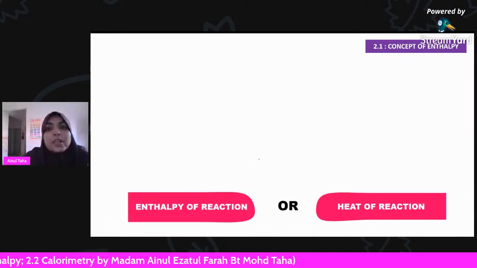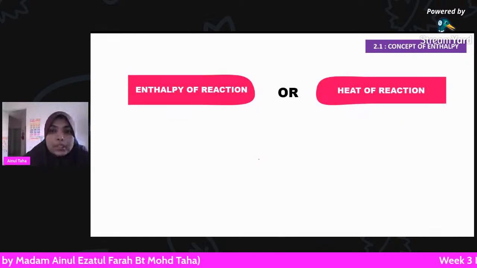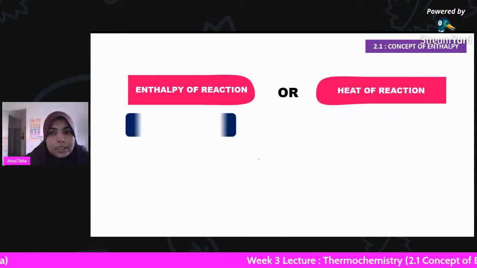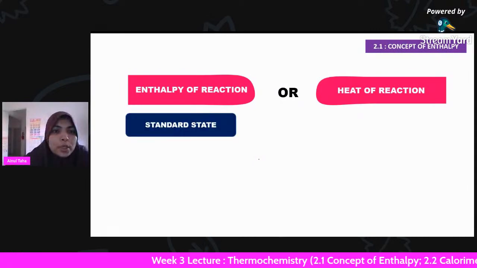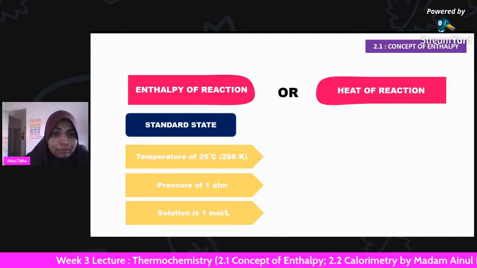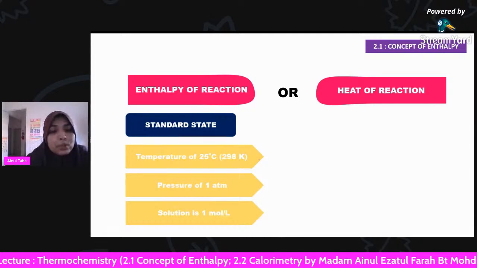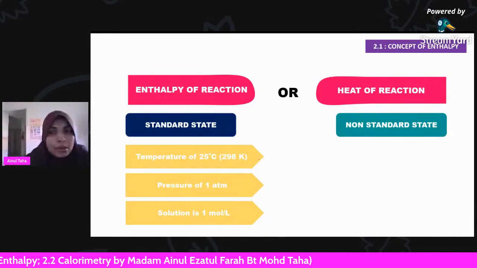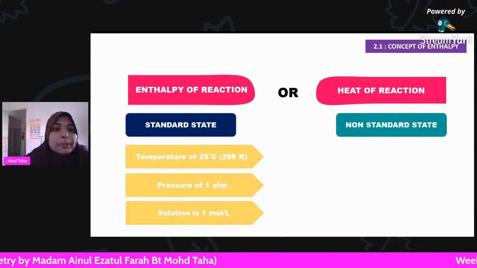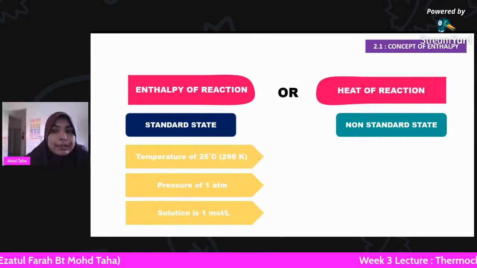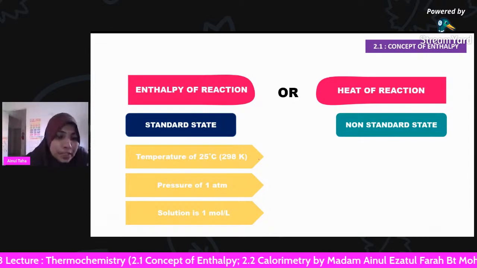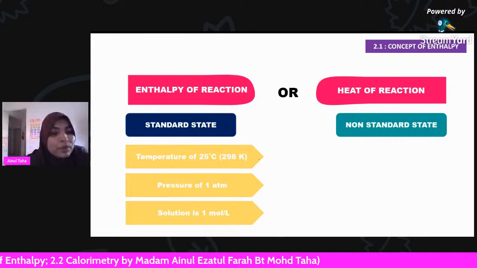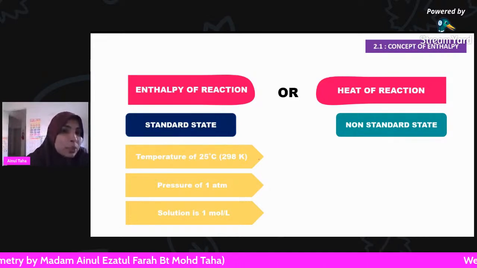Okay, so besides having calculated the enthalpy change, now I would like to introduce to you the difference between standard state and non-standard state for the enthalpy of reaction, or what we call the heat of reaction. For the standard state, the pressure is 1 atm, and if it involves a solution, it must be 1 molar, 1 mole per liter.